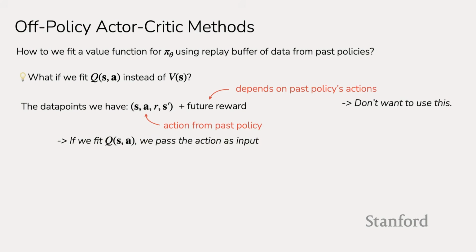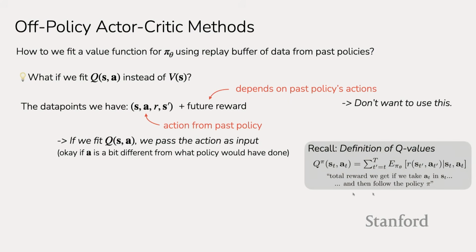But if we're fitting Q of S, A, then we're actually passing the action as input. And it's actually okay if that action is a bit different from what our policy would have taken. And because that's okay, and because we have this equation that represents this recursion, we can try to fit Q to a target that looks like this.